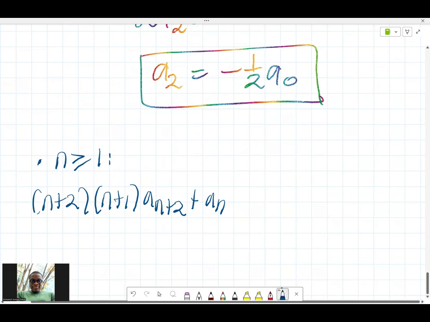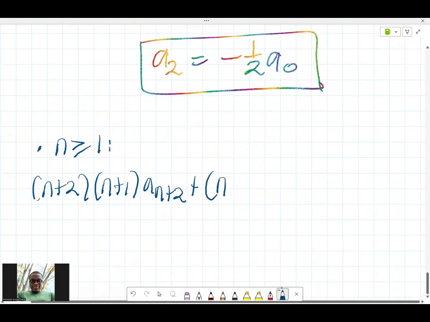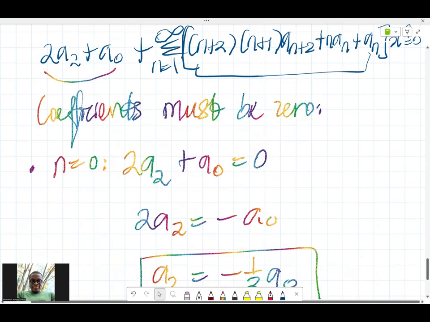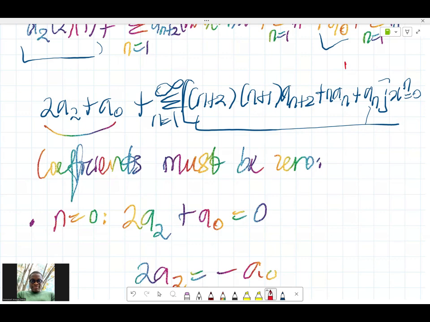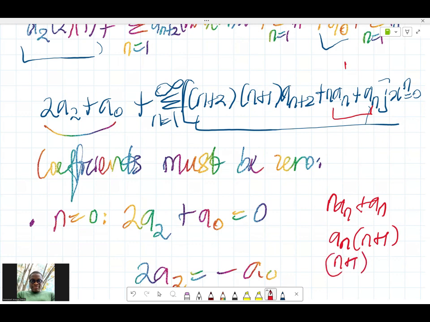Let's put the n plus 1 first: n plus 1 into a_n, and this is equal to 0. That is what I brought down there.